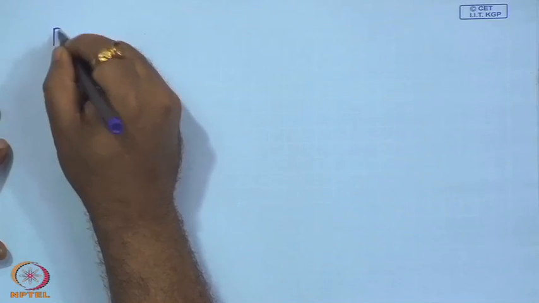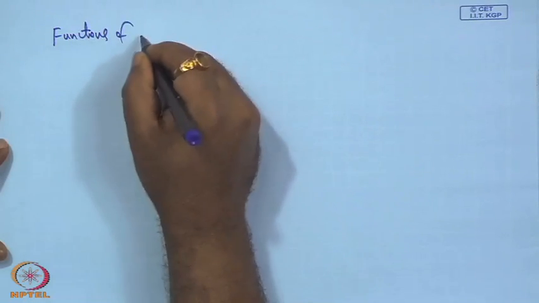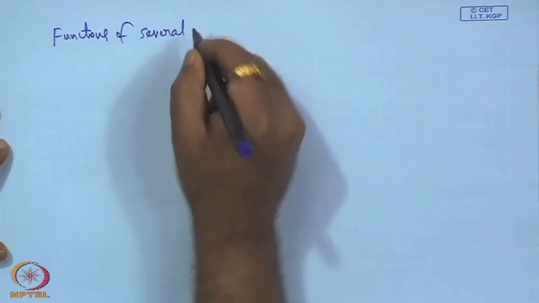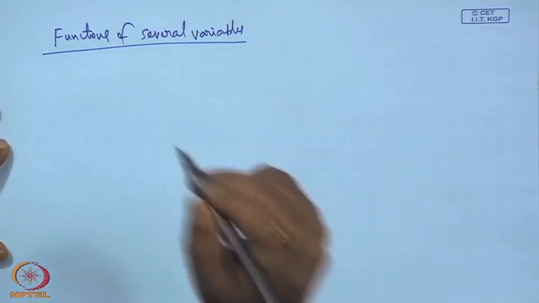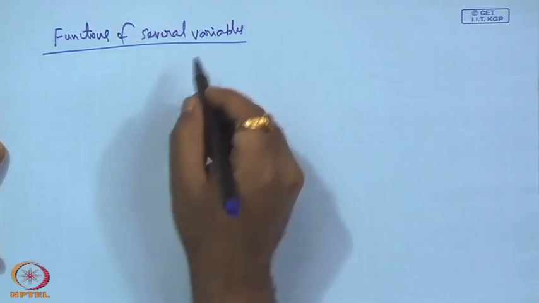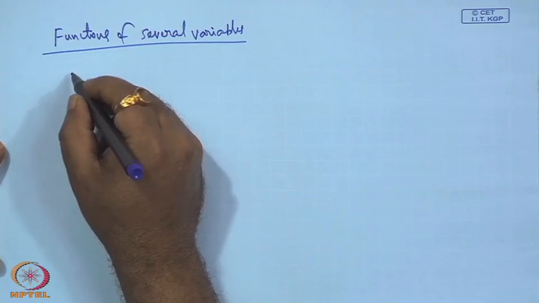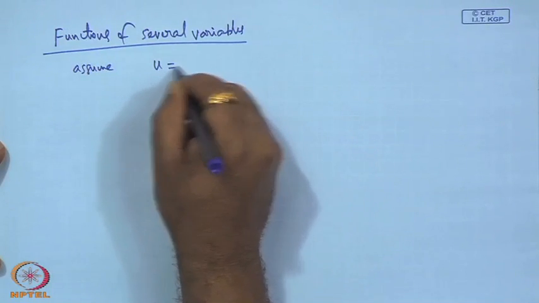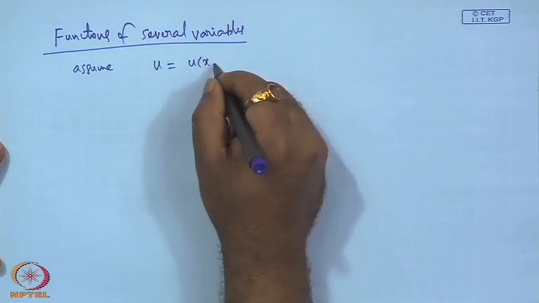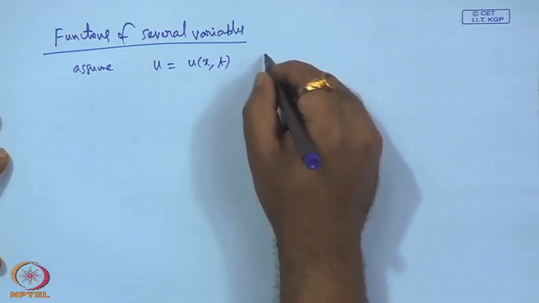So, this involves functions of several variables. Before we proceed to parabolic, assume u is u of x, t, two variables, which I have already shown.